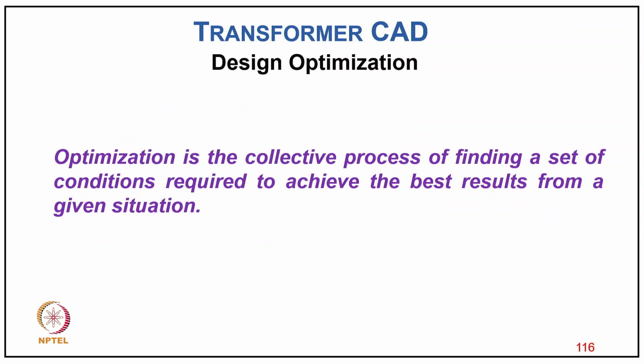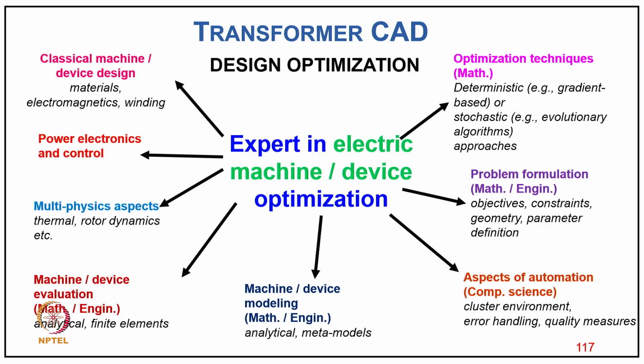Now, coming to design optimization. Optimization is a collective process of finding a set of conditions required to achieve the best result for a given situation. So here you can talk about the design expert in electric machines or device optimization.